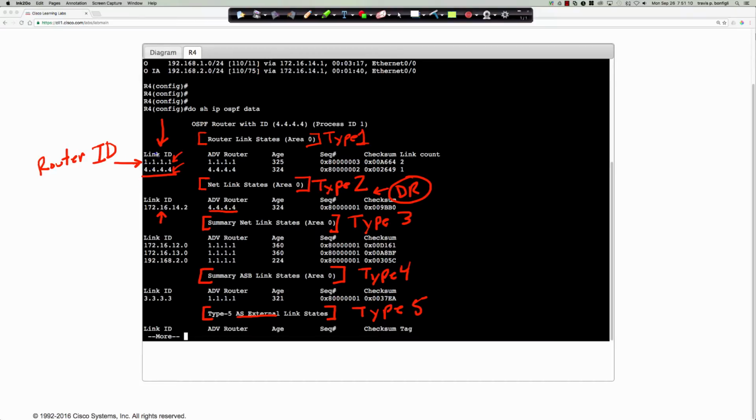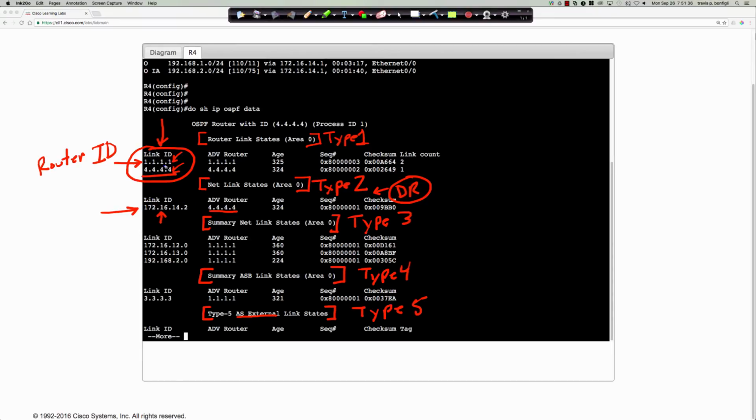Now remember, here it's the router ID. You can clearly see that here it is not the router ID because we're not seeing 1.1.1.1 or 4.4.4.4. And the type 2, just like the type 1, it has area scope, right? It's area scope, which means that type 1 and type 2 are only seen in the area that they are going to be generated in.